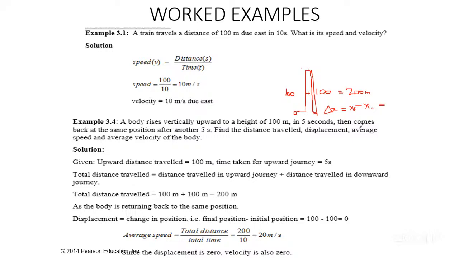Average speed. Speed has to do with distance. So average speed is total distance traveled over total time taken. The total distance traveled is 200.